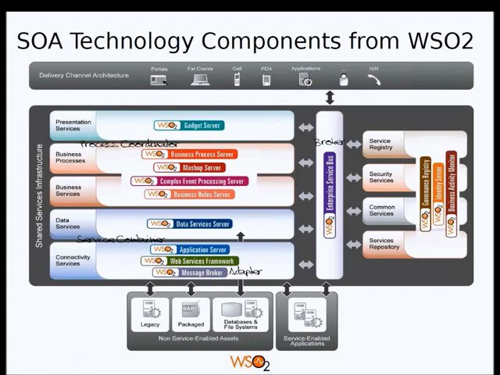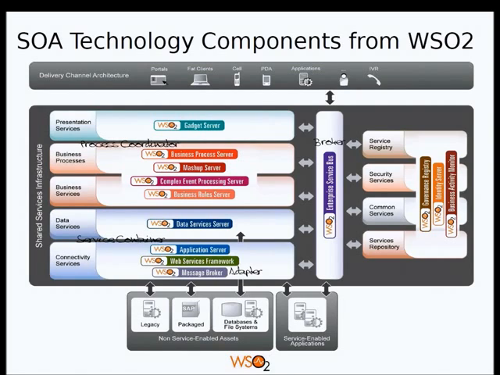However, looking at what WSO2 has, you can see that the service container is probably something like the WSO2 Application Server. This is something that can run business logic in the form of Java programs and expose them as services, web services. Then you have the WSO2 Enterprise Service Bus, the ESB, which will act as a broker that mediates between different systems.